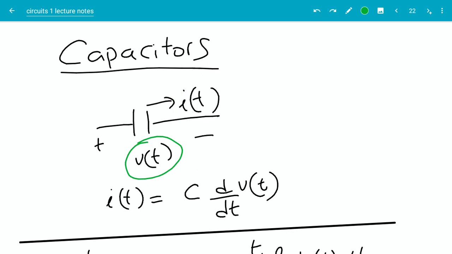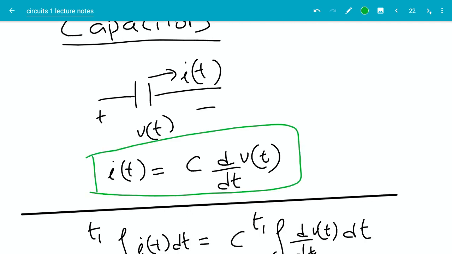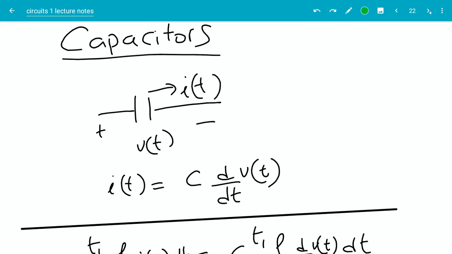From physics we know the current going through a capacitor is the capacitance times the derivative of the voltage. I'm not going to go through the entire physics of this, but to remember it, the charge stored in a capacitor is equal to capacitance times the voltage across it.